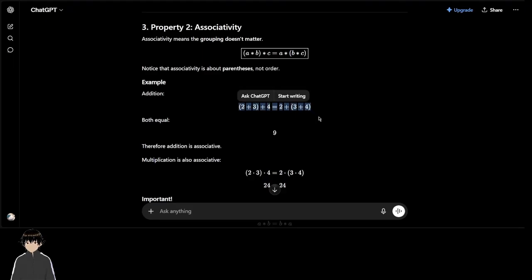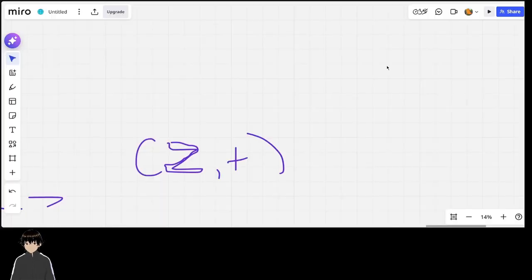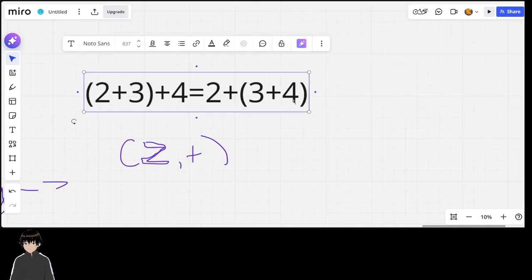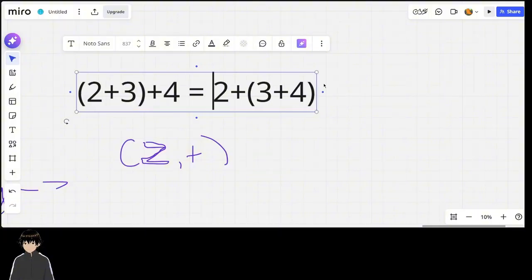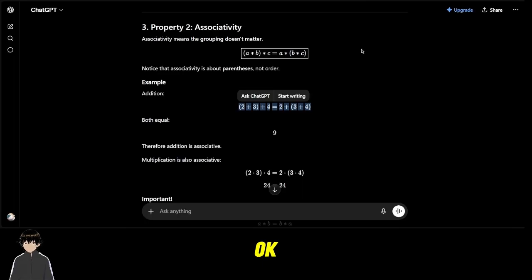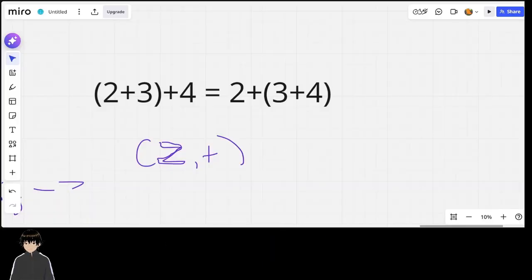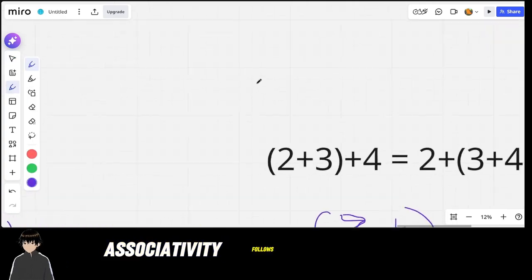So let's say you have these two. Associativity follows this principle.